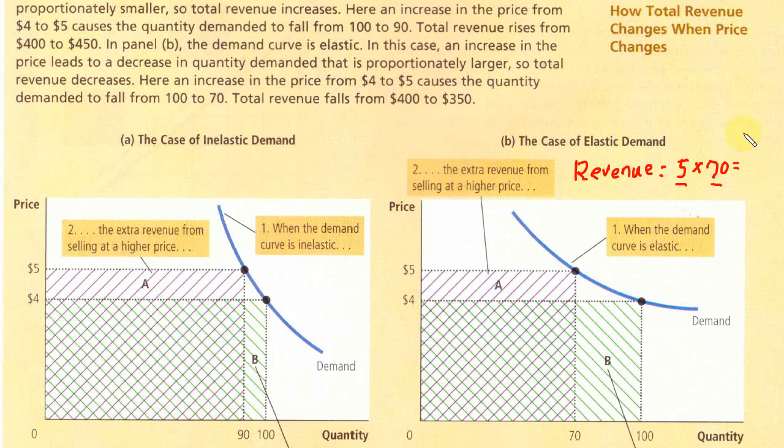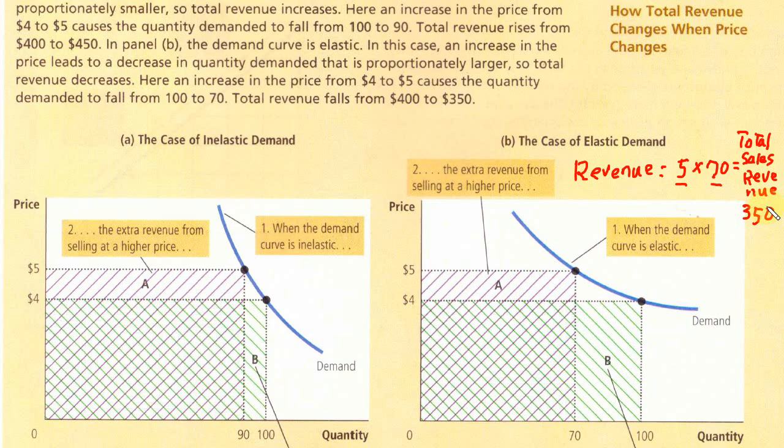This is revenue, total sales, right? So this 350 is revenue.